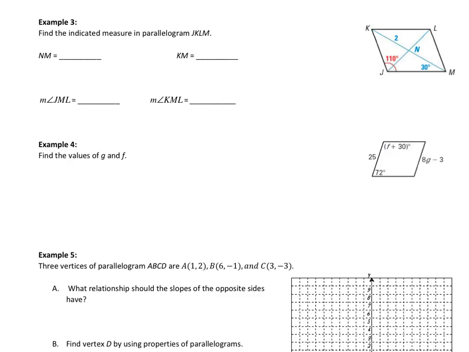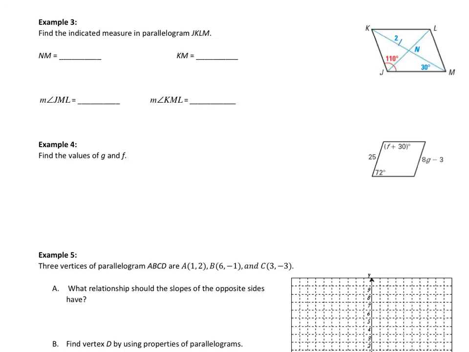On your second page, now we're on example 3, you need to find the indicated measure in parallelogram JKLM. We are going to be using lots of properties here, but again, we just want to break it down step by step. I see in the middle we've got some diagonals, and because it's a parallelogram, we know that they're bisected in half. So whatever one of the pieces is, the other one on the opposite side will be exactly the same.